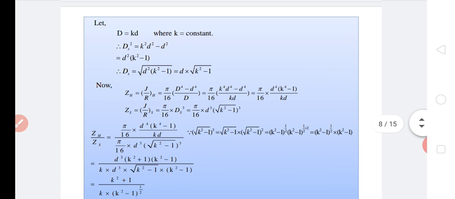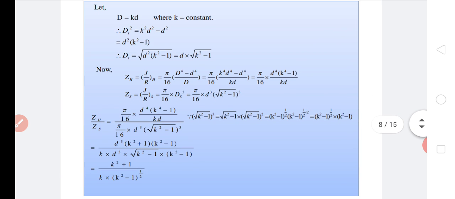Now there is a consideration: capital D equals k into small d, where k is a constant. That means some constant times the small diameter equals the outer diameter of the hollow shaft.